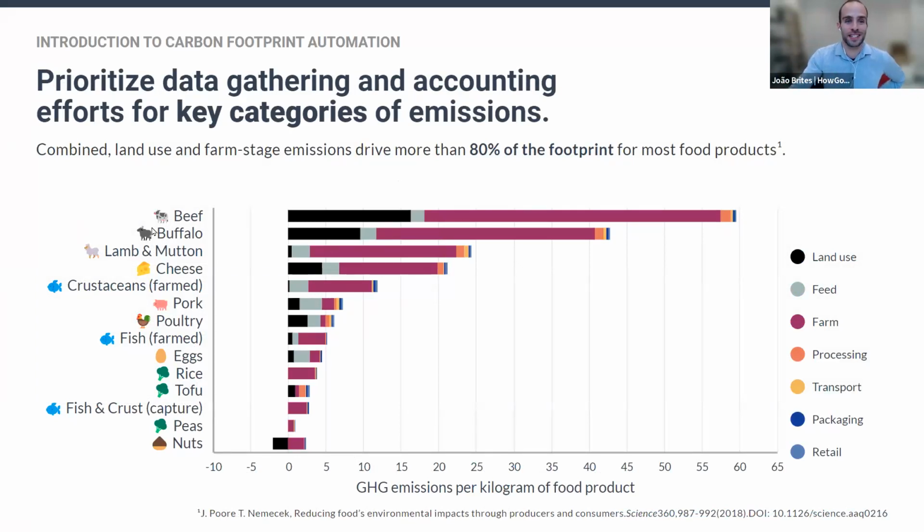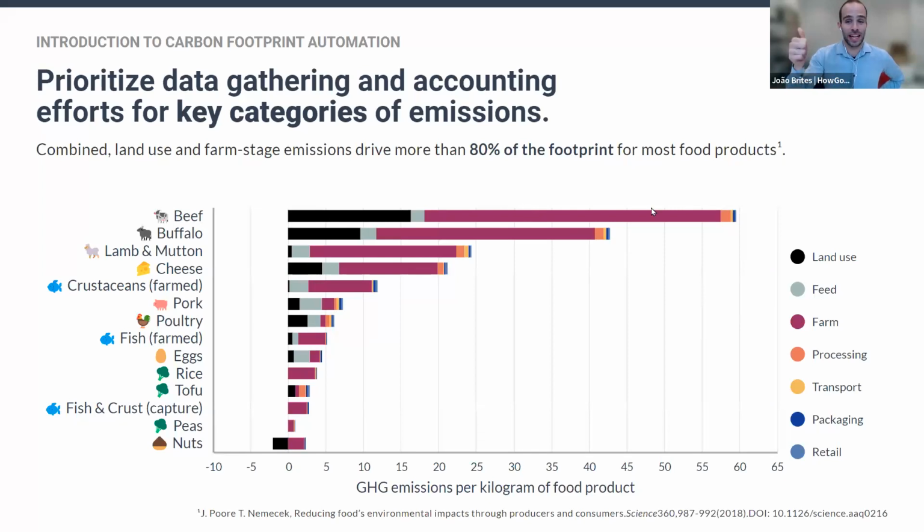Here you can see the carbon footprints of some of the common food commodities out there. One of the big conclusions when you look at this graph: can you see how big the black bar, the gray bar, and the purple bar are?